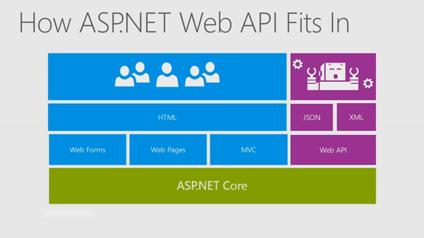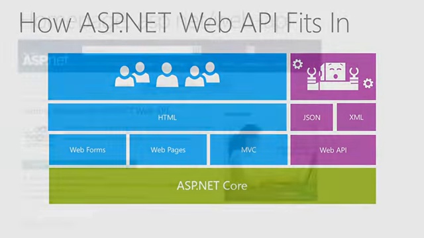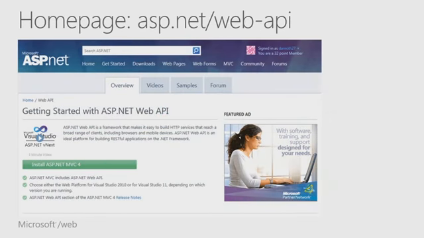People were jamming JSON or XML into web forms or MVC or their own custom handlers, and you can do that. But we can help you out quite a bit using current web standards, HTTP, JSON, XML, etc. So you can find out more if you go to ASP.NET/Web API.